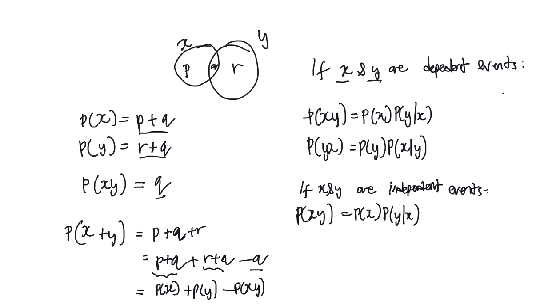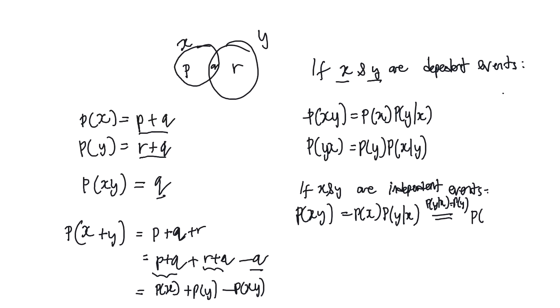When they are independent, the probability of y given x is just the probability of y.